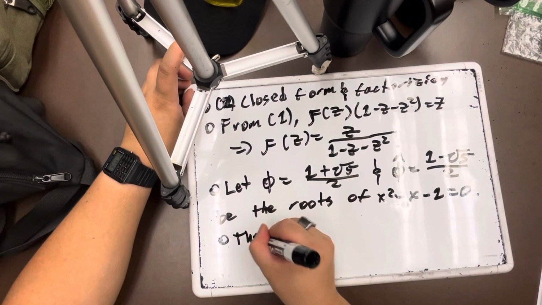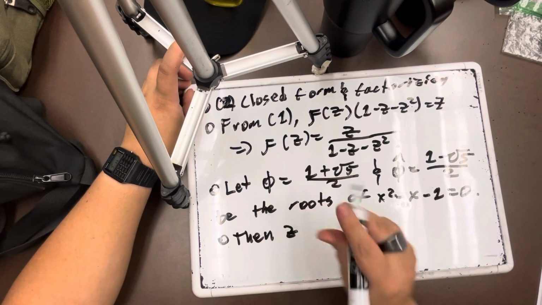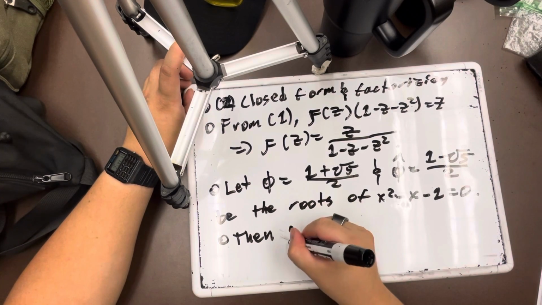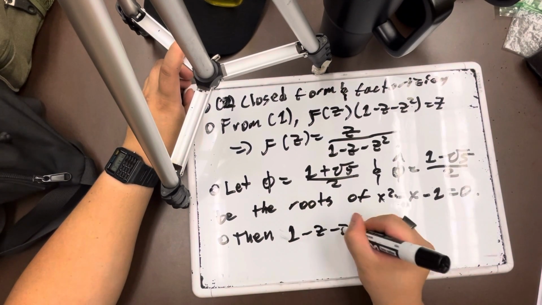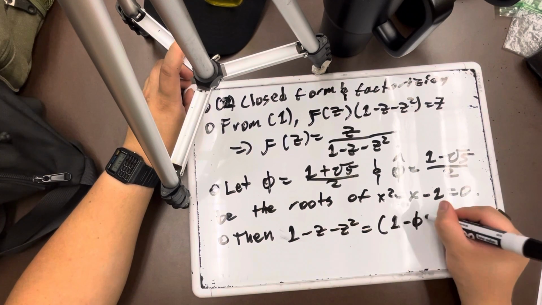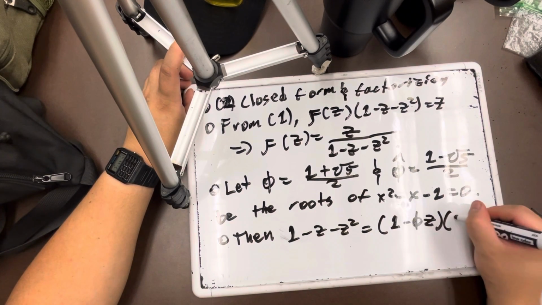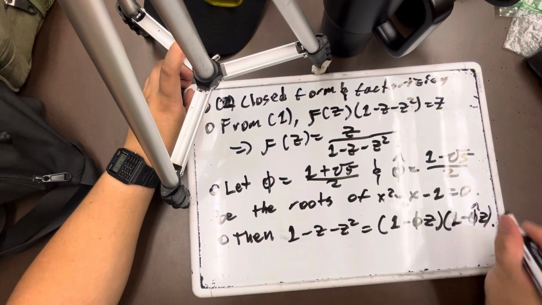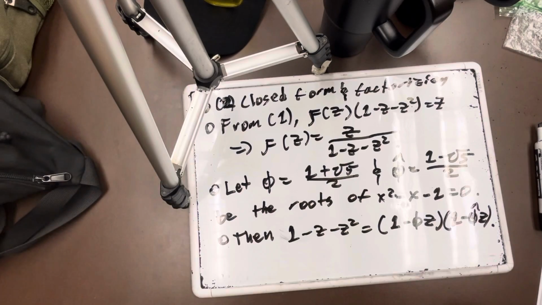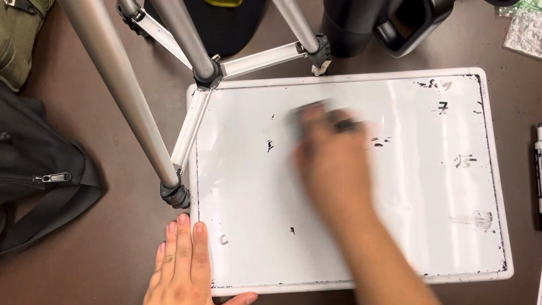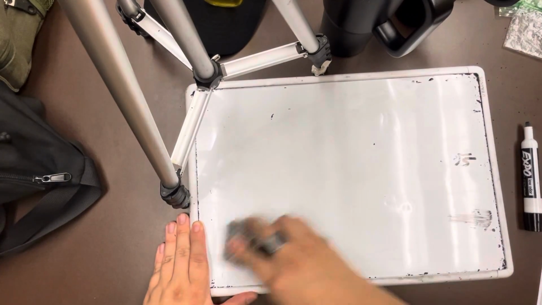Then 1 minus z squared is equal to (1 minus phi times z)(1 minus phi hat times z). So I'm going to erase here in 5, 4, 3, 2, 1. And let me just get to this.